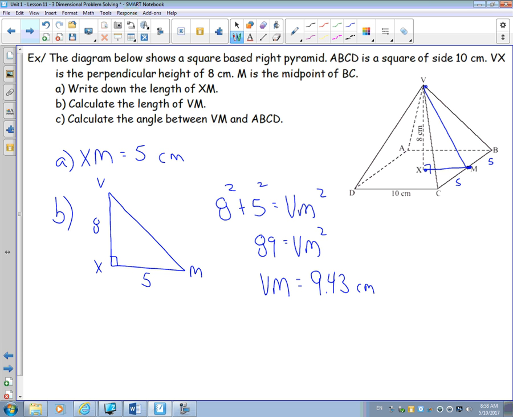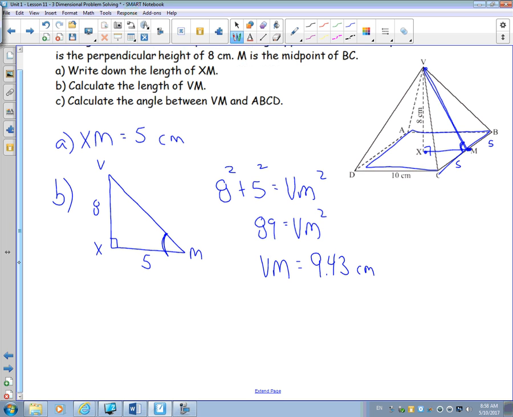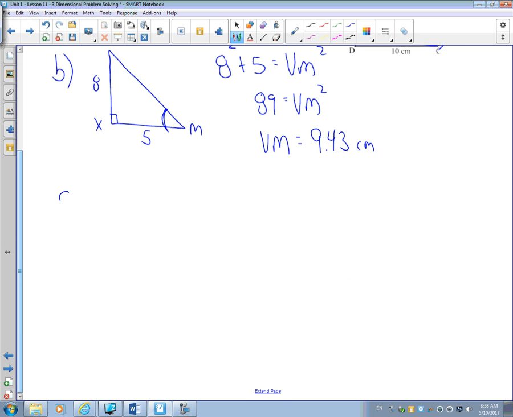Last part. Find the angle between VM and ABCD. In other words, where does this line hit the surface? So the angle down here, which in our diagram is right here. Angle M, if you will. And good news, we're back to SOHCAHTOA. Back to tan in particular.